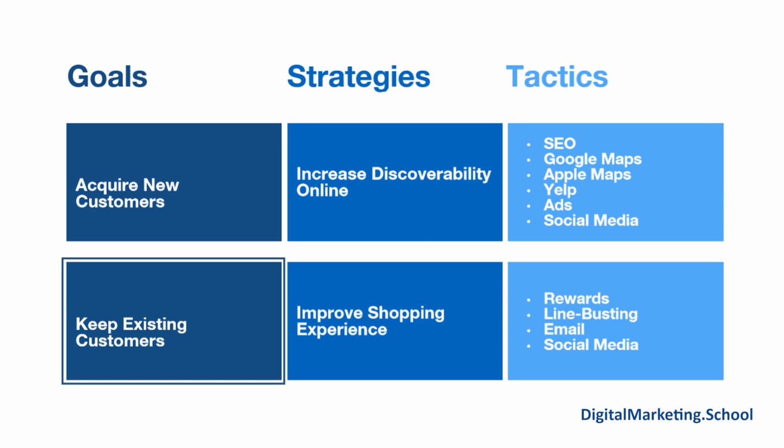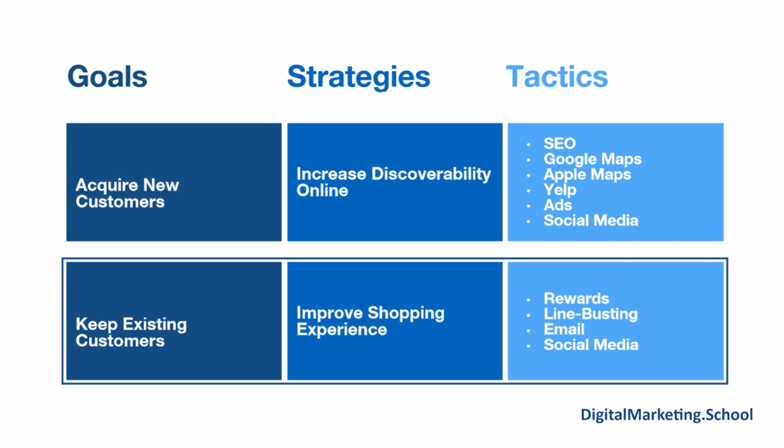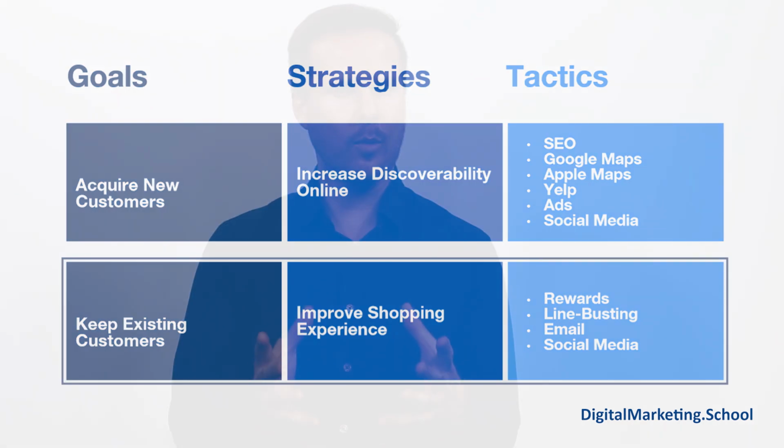The other goal is going to be increasing your sales from existing customers or getting existing customers to keep coming back. The way that we're going to do that is to achieve an improved shopping experience, whether we're talking about in-store or on your e-commerce website online. The tactics that we're going to use for those are going to be rewards, something called line busting, email, and social media.